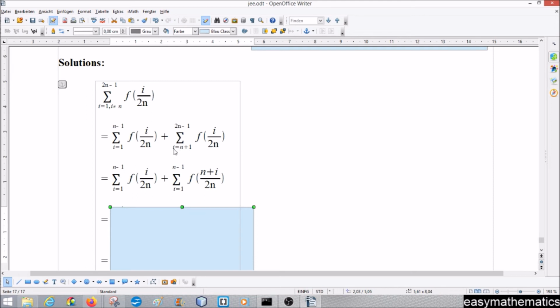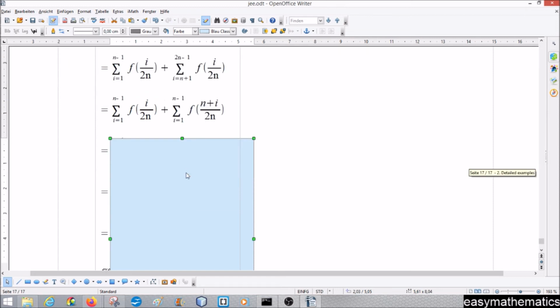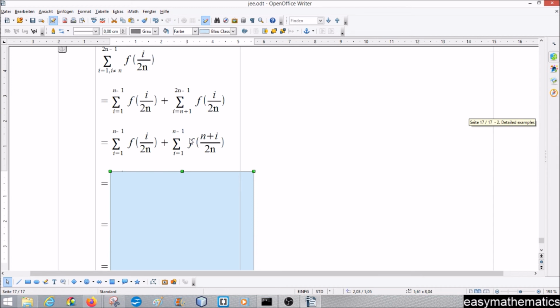In the second sum, we subtract n here and here, so we get the same summation, and we have to add n in the argument of the function. So it's just a simple index shift. Why do we do that? We want the same index for both sums. Make sure you got the idea here.